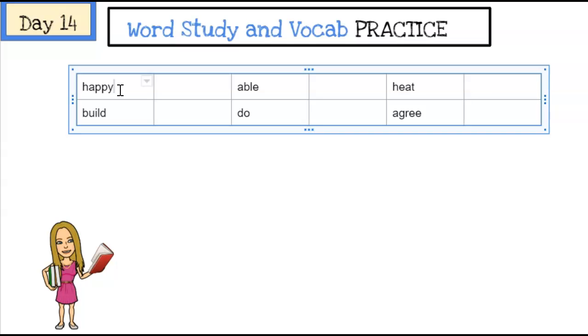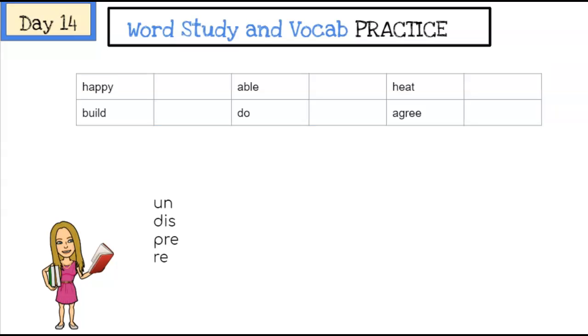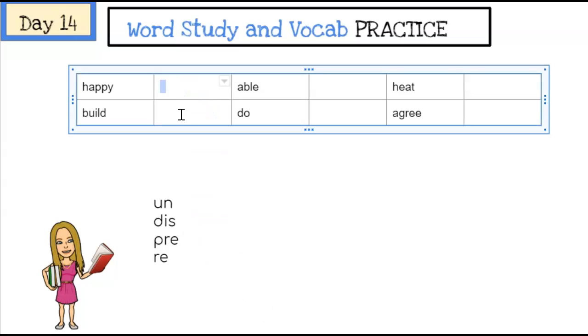If I wanted to say that I was not happy, which prefix would I use? I added a little cheat box down here so that you can recall the different prefixes that we are focusing on. If I wanted to say that I was not happy, I would say that I was unhappy.